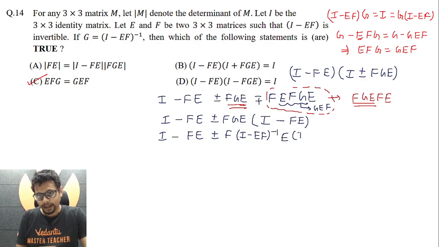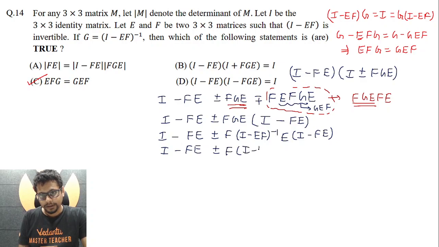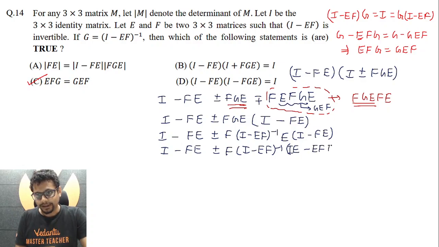E times (I minus FE). So what does this become? If you see carefully, let me write it step by step. E multiplied by I is E, and EI you can even write as IE, doesn't matter, because EI is same as IE is same as E, minus EFE. Now here, interestingly, you can take E as common as post factor.